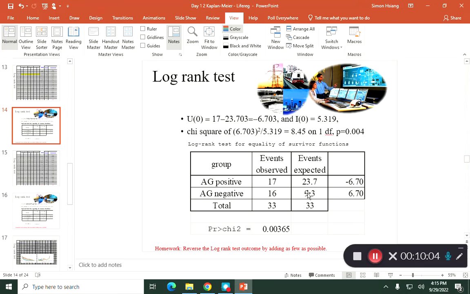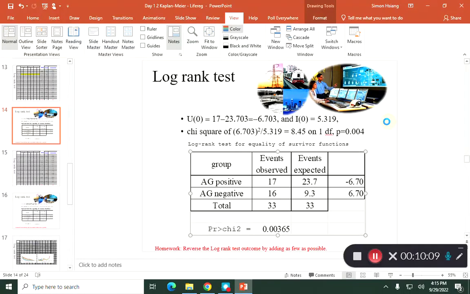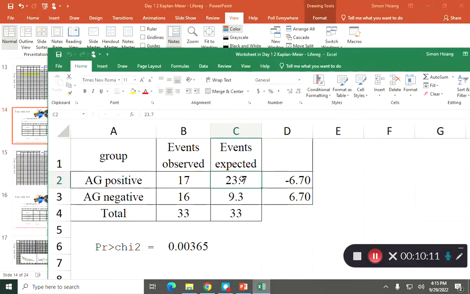So this, let me do it this way. If this one is measured, the difference is 6.7. You know that the other one is positive 6.7.